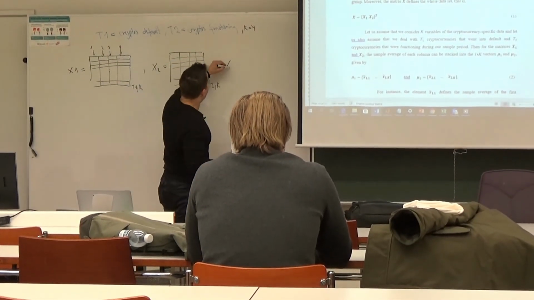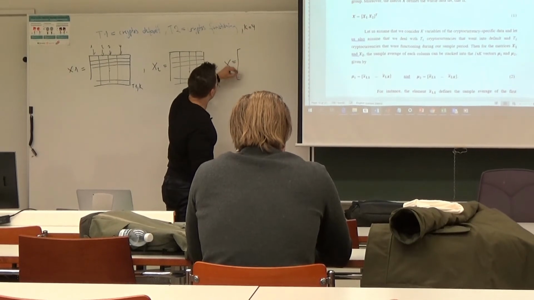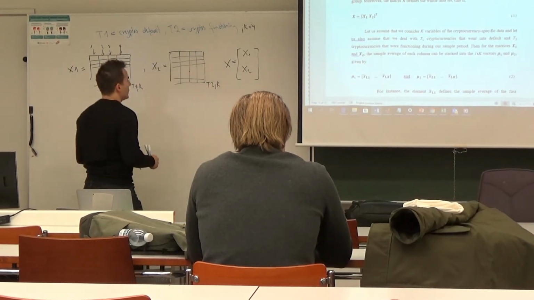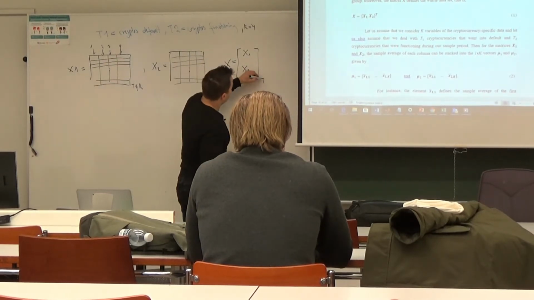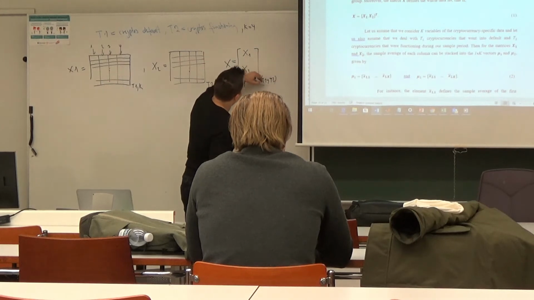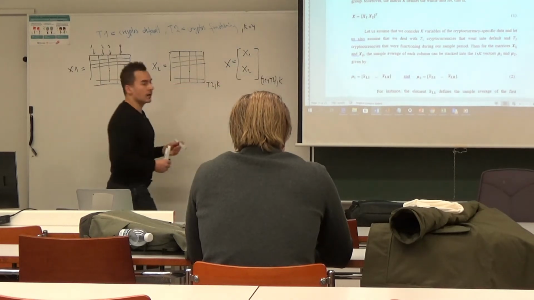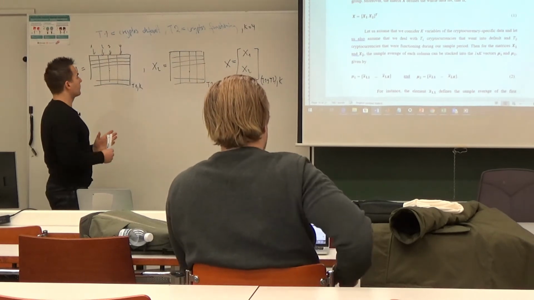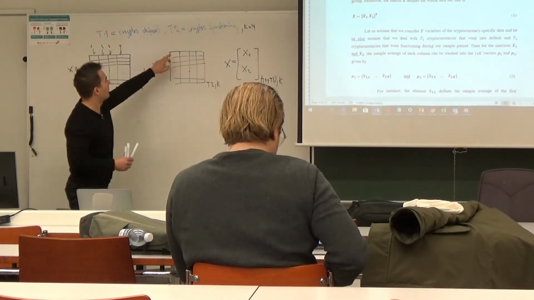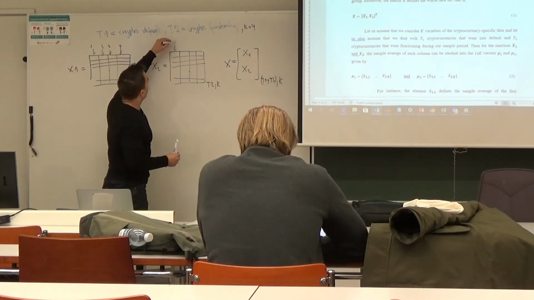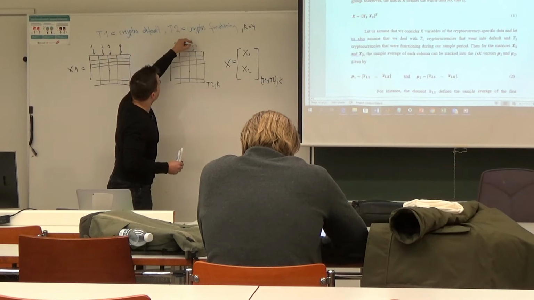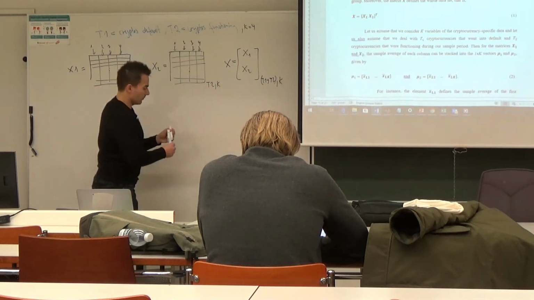So X is then a block matrix that looks like this, and this obviously has dimension T1 plus T2 by K. And we can do that, of course, because we have the same number of regressors, or explanatory variables.